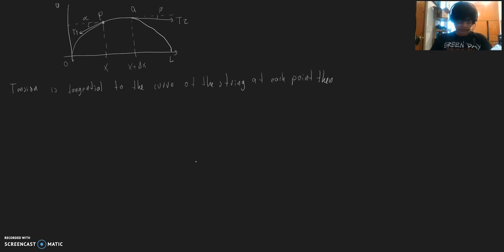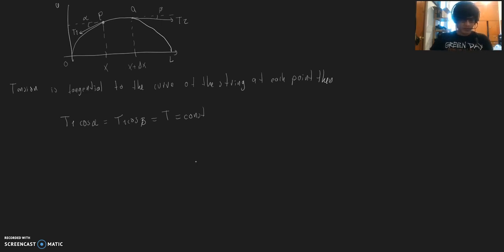Then we know that T1 cosine of alpha is equal to T2 cosine of beta, which is equal to the tension T, and this will be a constant because it's the same throughout the whole string.